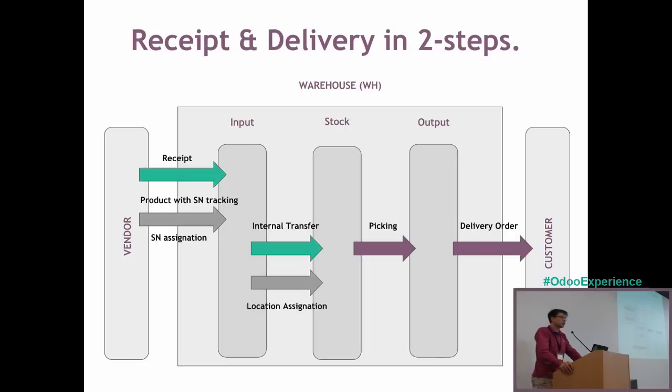When I make the internal transfer, here I'm going to decide in which sub-location I put the different products that I have received. And then I will, of course, pick in the outgoing process the serial numbers that have been reserved, and I will put the items in a package in the end to be sent to the customer, because you will see that with the barcode shortcuts, we can quickly use the put in pack option that you have on the picking, so that you put the products in packages.